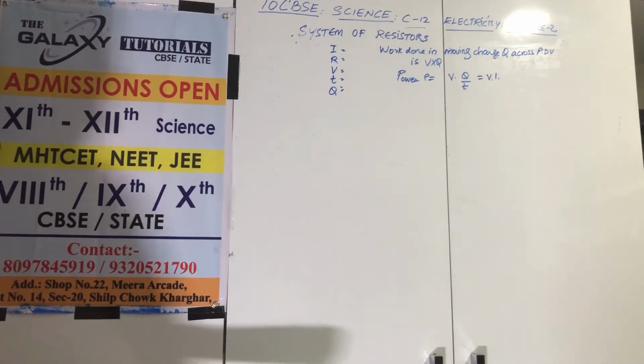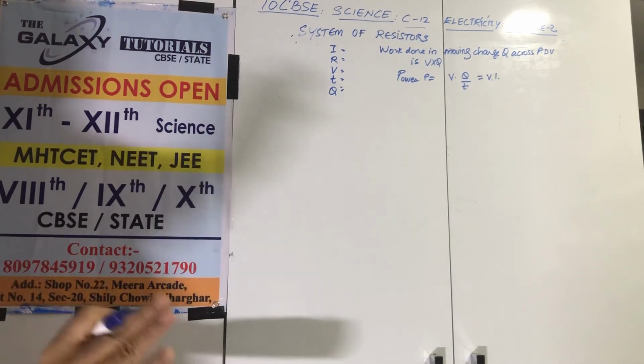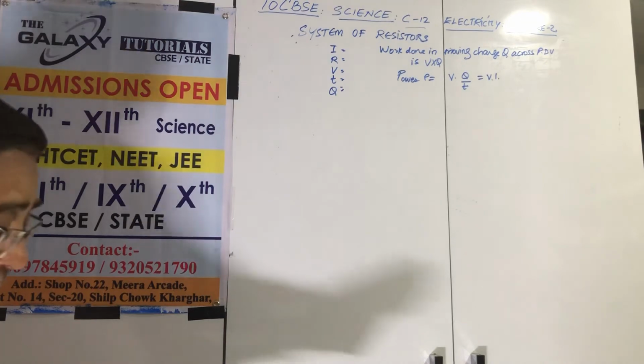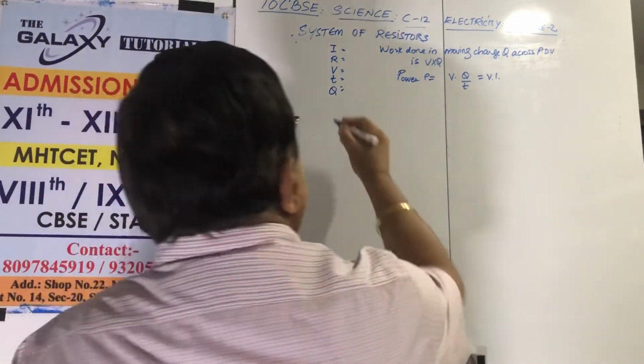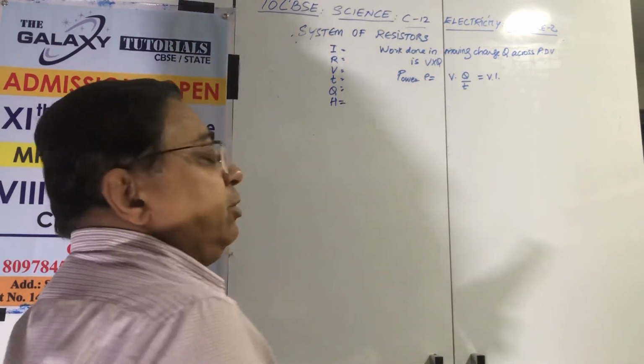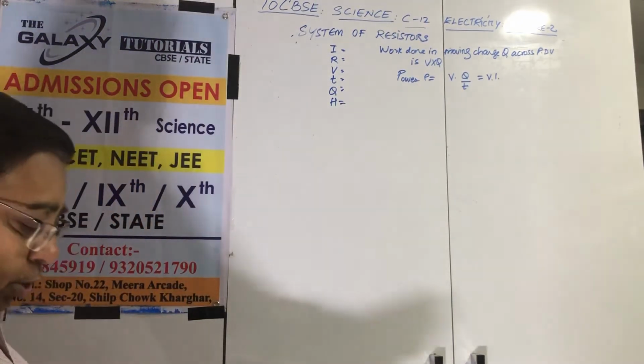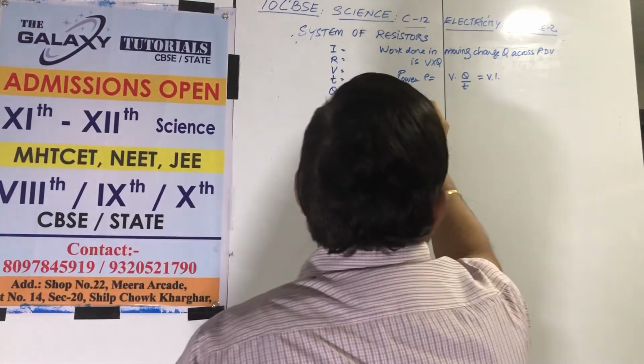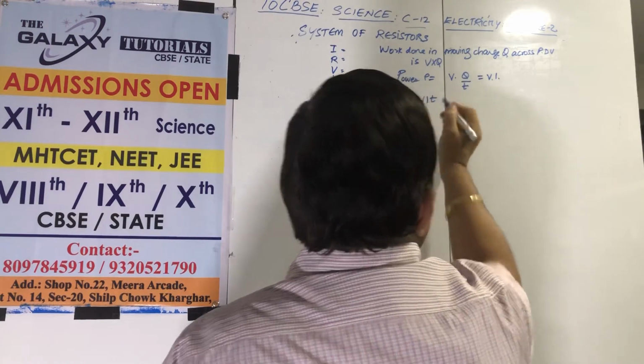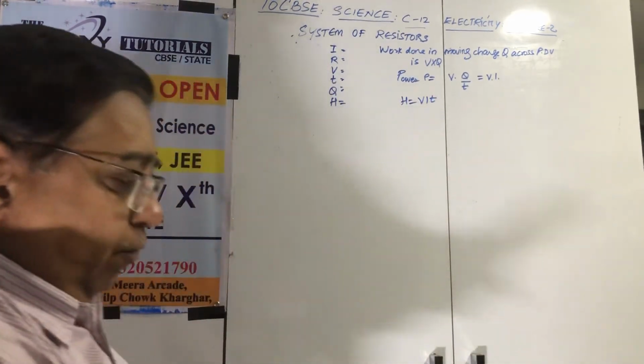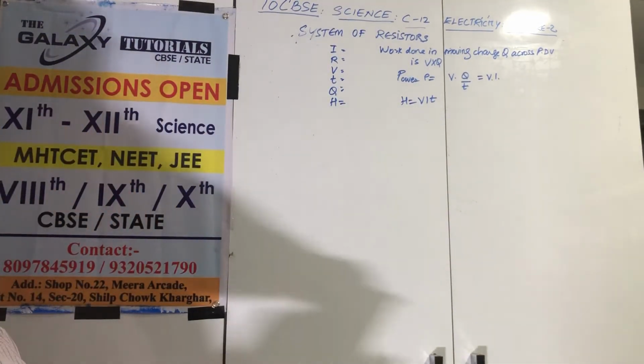Now, for a steady current I, if you keep the current steady, don't make it up and down, we don't keep moving things like a geyser or something, heat H is produced. H is the amount of heat produced. So H is equal to VIT: the current, the voltage, and the time for which you are passing the current.